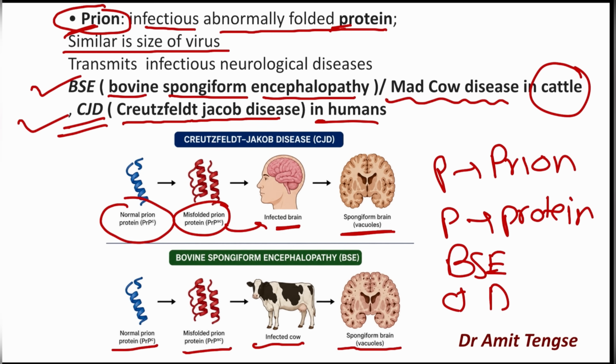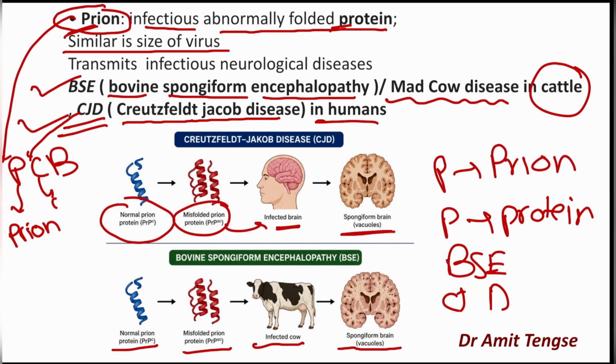You can remember it by the mnemonic PCB, that is prion causes CJD and BSE. Prion causes two diseases, CJD and BSE, that is Creutzfeldt-Jakob disease and bovine spongiform encephalopathy, also called mad cow disease.